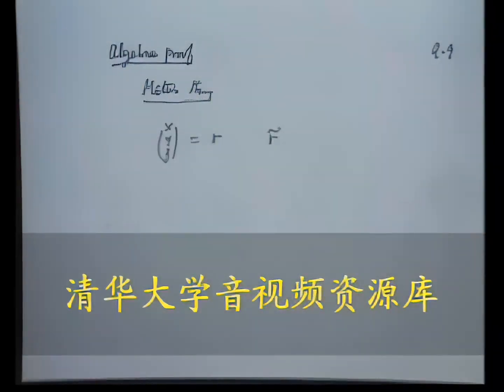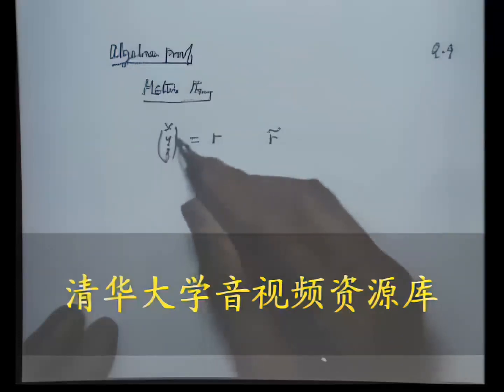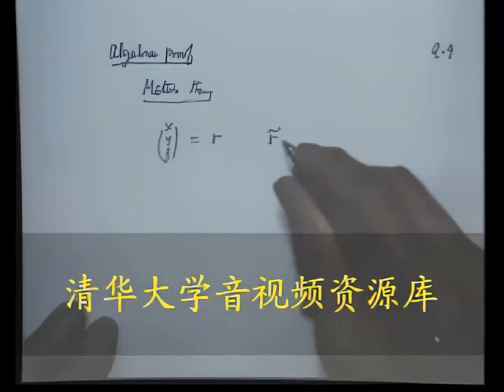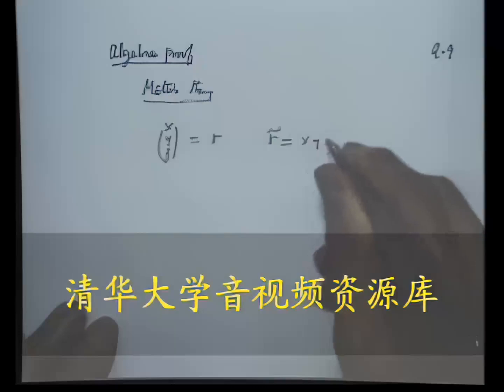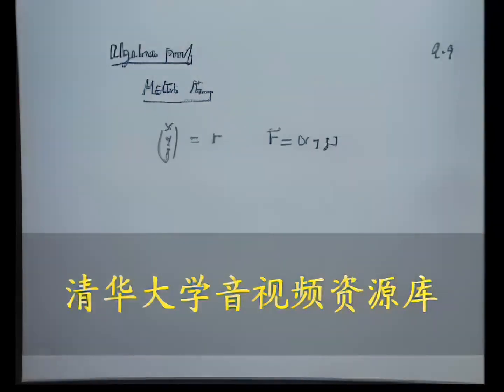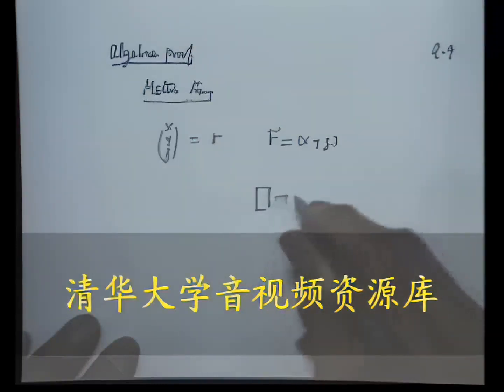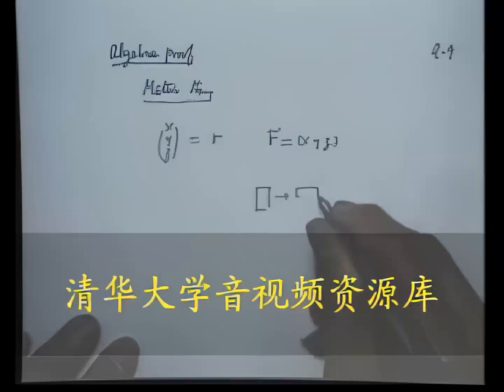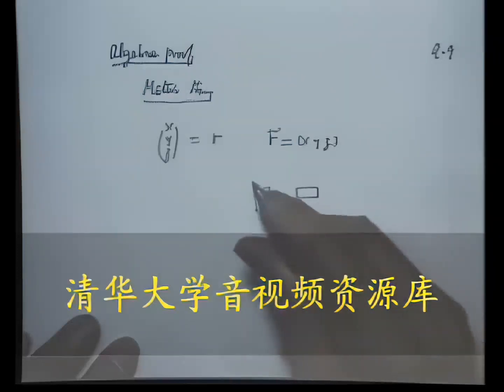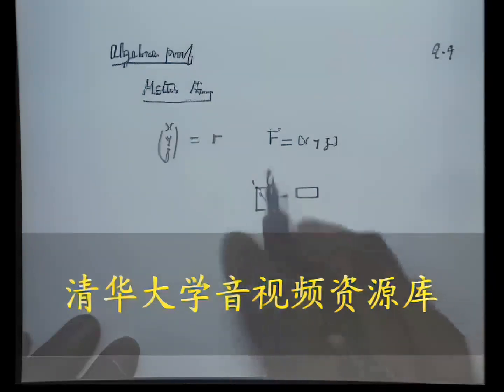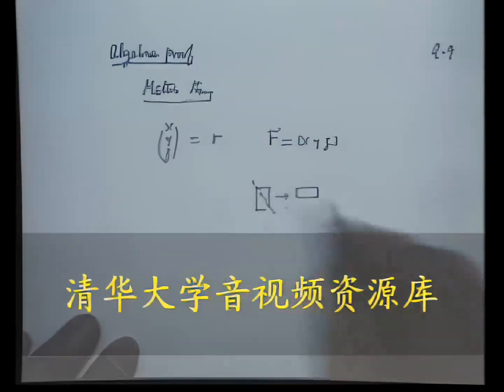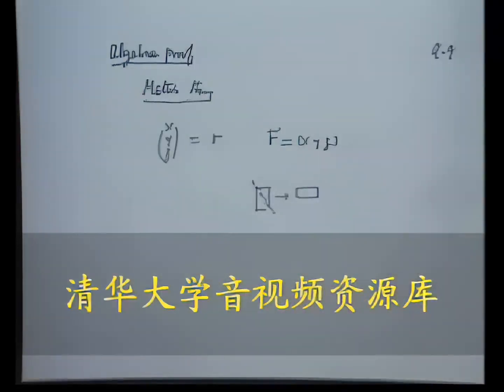Tilde means turn this column into a row. So a matrix which is like this, after you do the tilde, becomes like this.